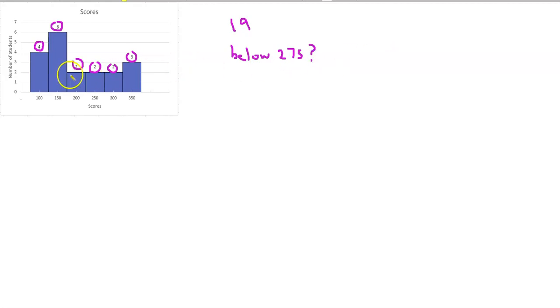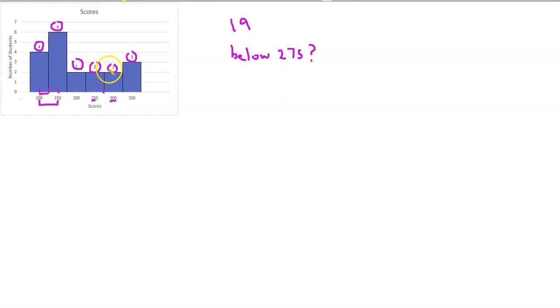If this tick mark is at 100 and this tick mark is at 150, then there's a distance of 50 between them. If you cut it in half, these little increments right here are a distance of 25. So 275 would actually be right here, because we would add 25 to the 250. Or you can think of 275 as halfway between the 250 and the 300.